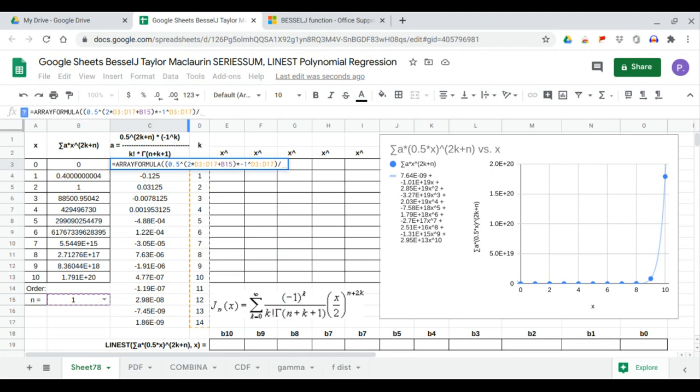That's divided by another denominator, which will be factorial k times gamma of n plus k plus 1. We want this to be a separate portion.